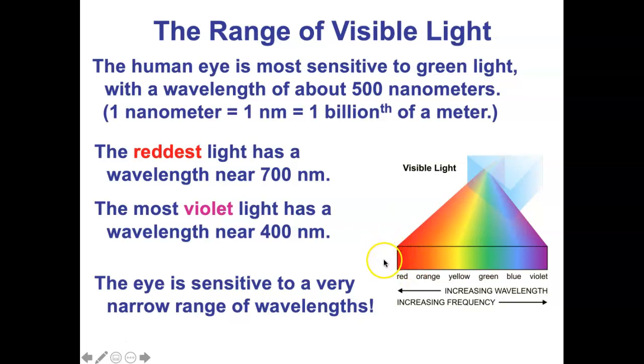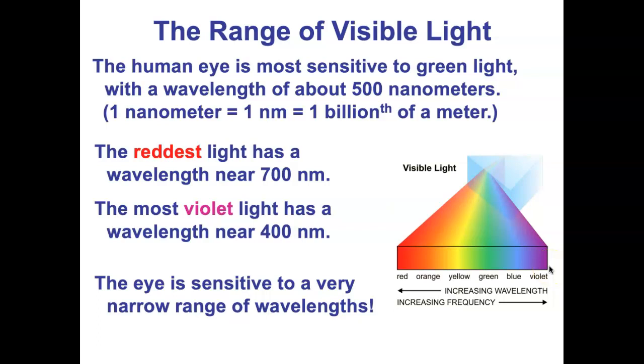Some people have really good eyes and can see light of 720, 715, things like that, right? And so different people have slightly different eyes, and also your eyes change sensitivity as you age. So, if you want nice round numbers, and who doesn't, then the reddest light you can see is about 700 nanometers, down to the most violet light you can see, which is about 400 nanometers.